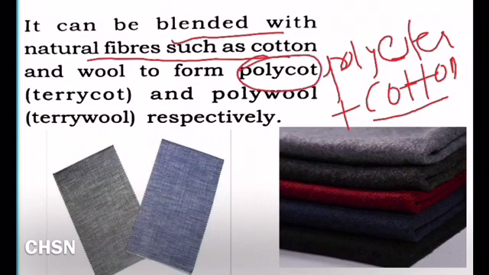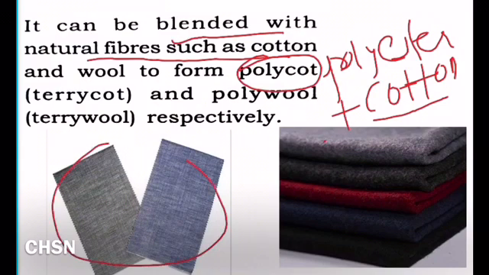So when polyester fibers are blended with cotton fibers, we will get a new form of fiber. This new form of fiber is called polycot. From the name we can understand polyester, cotton. The combination of polyester and cotton fibers will give us a new fiber which is called polycot.